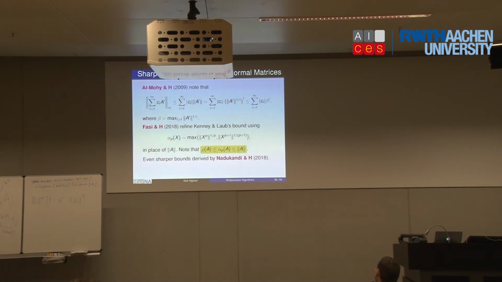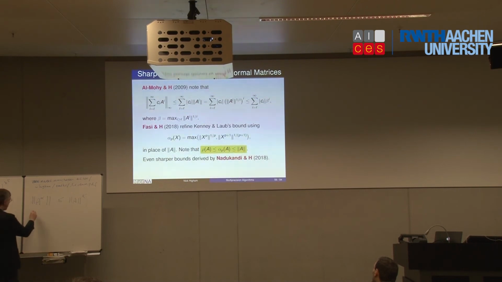From your first linear algebra course, this is just the submultiplicative property of norms. That's the obvious way to bound norm A^k, and therefore the obvious thing would be to use that in the summation. The problem is this can be very weak.